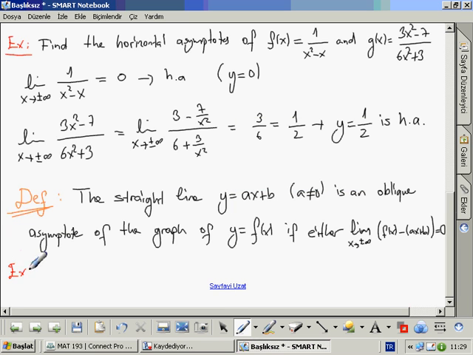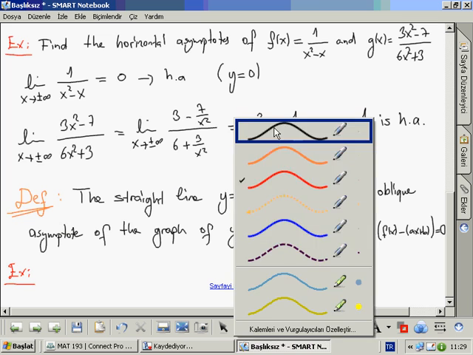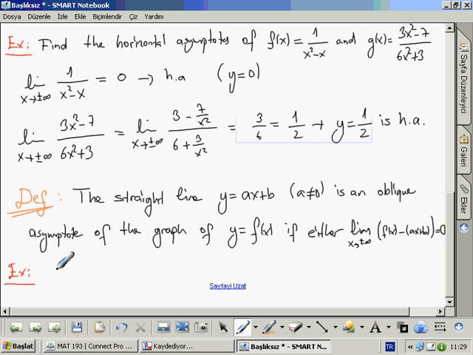Example: f of x equals x squared plus 1 over x, which is equal to x plus 1 over x.